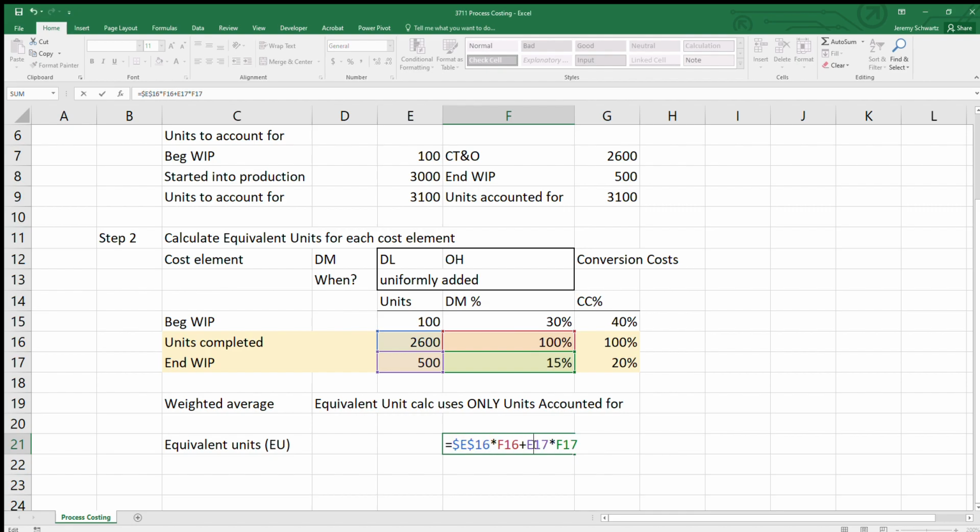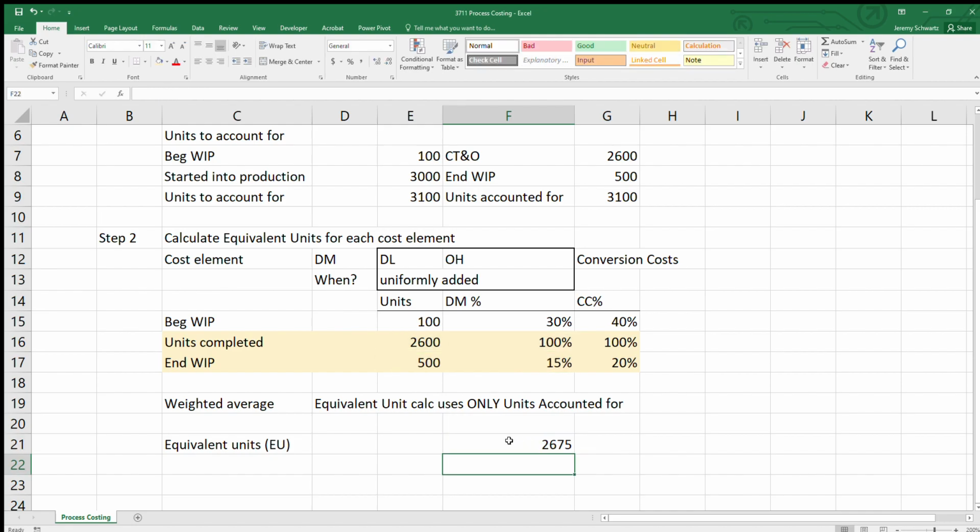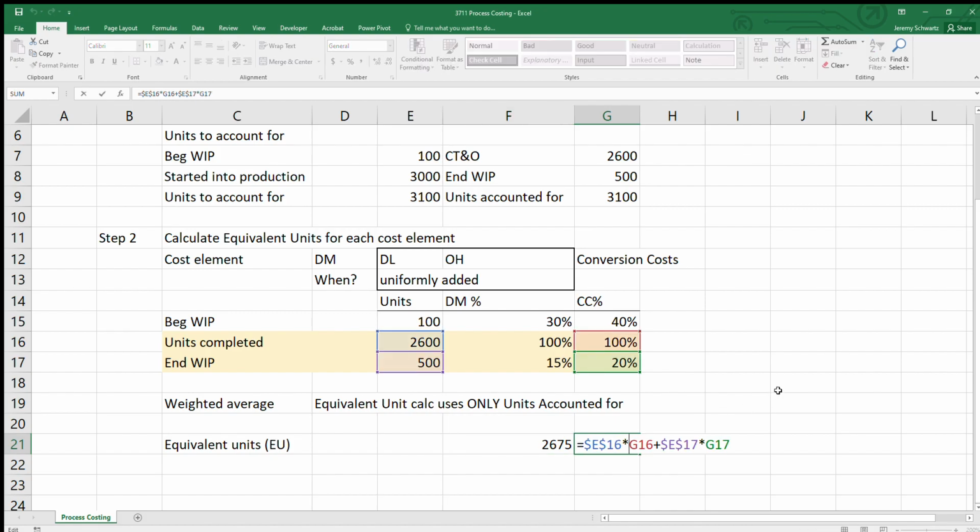It will do an absolute cell reference for the things that we do not want to be moving, and that would be the units. But we want the relative completion, so we can then drag the formula over, and we get the 2,700 for the conversion costs.